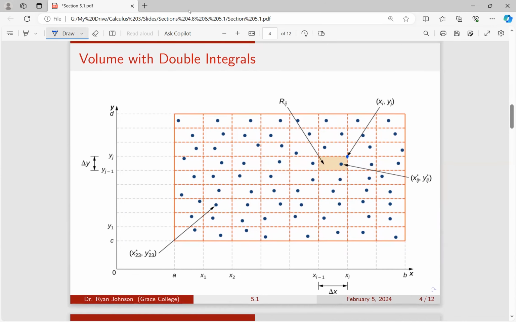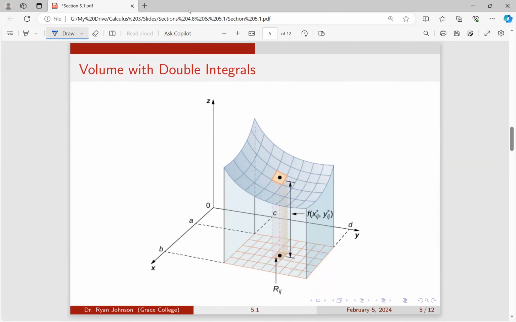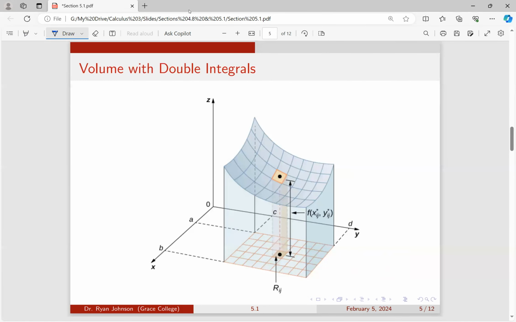And so delta x is kind of like the width of my rectangles. Delta y is the height of my rectangles. And so then for each little rectangle, I can draw the skyscraper that would go up to where the terrain goes. Although I'm mixing my metaphors now because it feels like I'm finding the volume of underground terrain above a bedrock, but then I'm using skyscrapers.